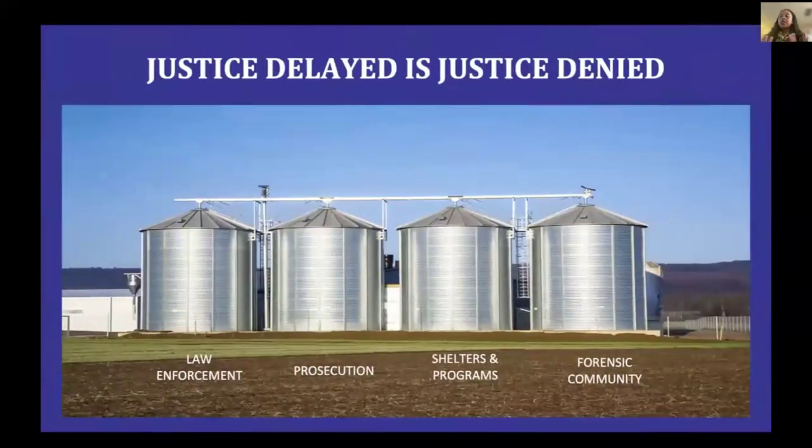Here's the issue. Justice delayed is justice denied. While you have law enforcement, prosecution, and family courts, then you have shelters and programs, and then you have the forensic community. Each one of them works in their own silos, and they do what they do very well. I have no doubt each and every one of you are amazing warriors doing the very best that you can to help and advocate for your survivor.